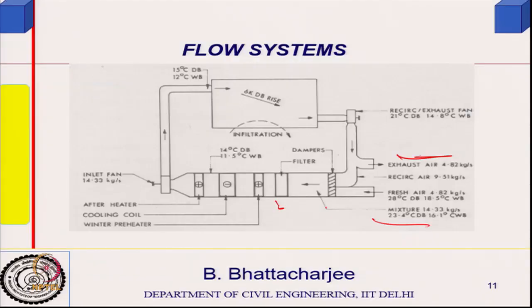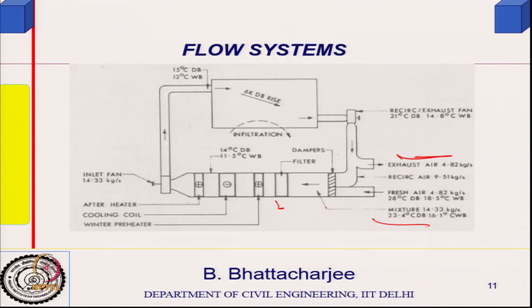Then if you need heating, there is a preheater in case of winter, but in summer we will not be needing this. Then this is the cooling. Cooling is through refrigeration, as I said.